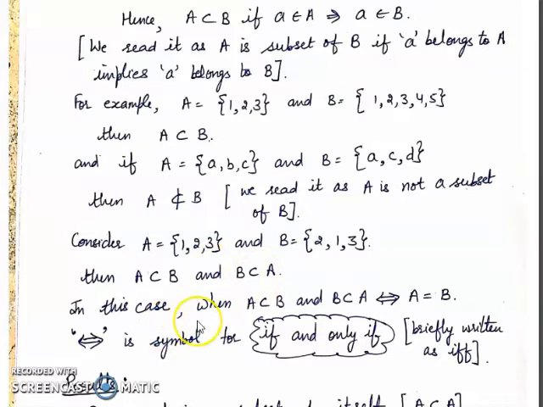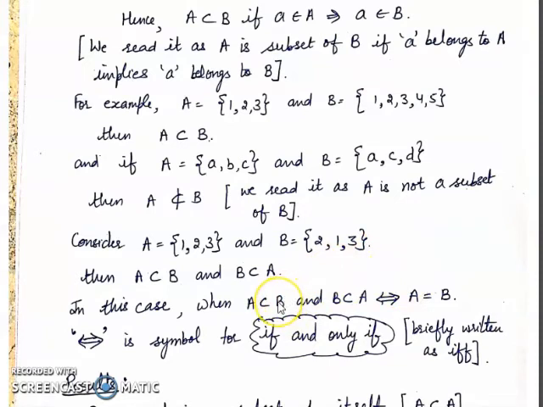So in this case, when both the sets are subsets of each other, this implies A is equal to B. This symbol is for if and only if. If and only if means it is true both ways.